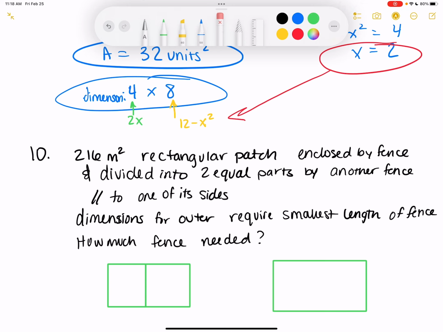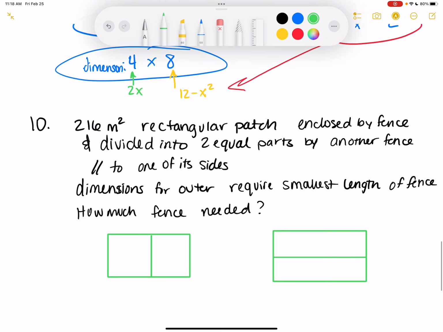That's not in the center. We could divide it this way, or we could divide it this way, okay? But I want to use the smallest amount of fence, so which way should I probably divide it? The left way. Okay, the one on the left.